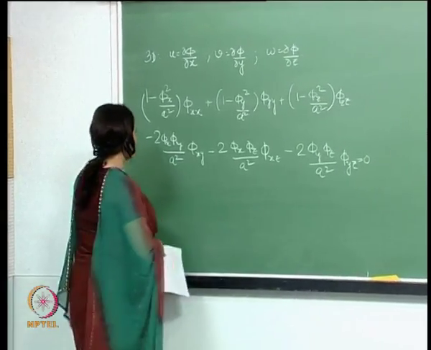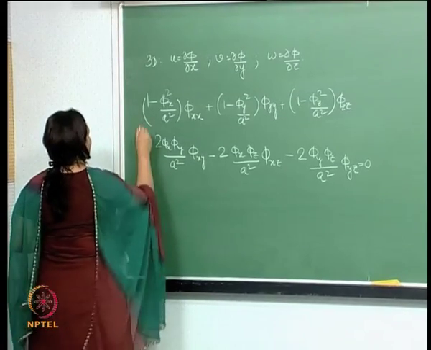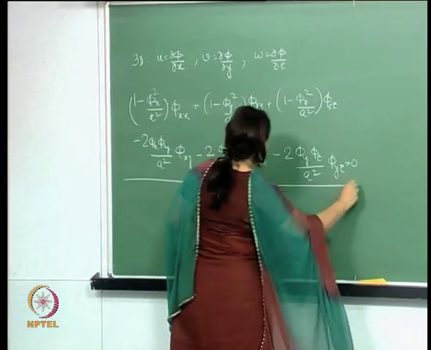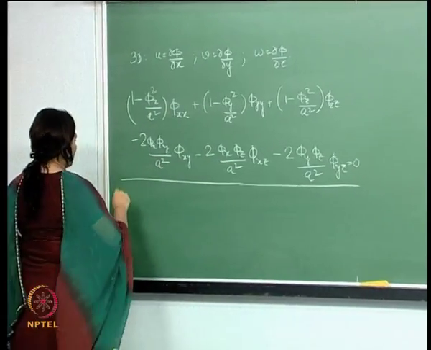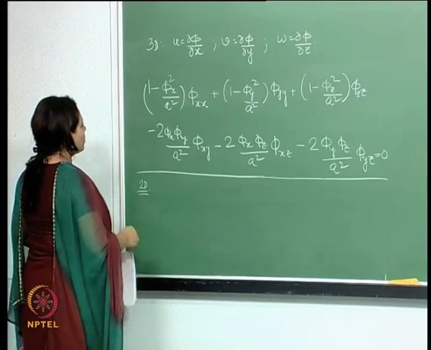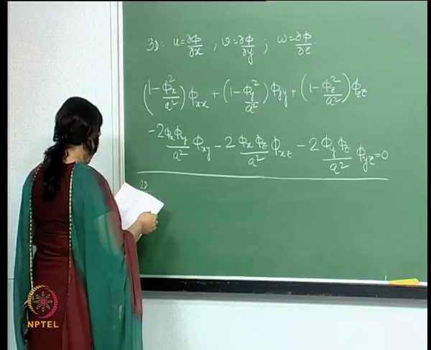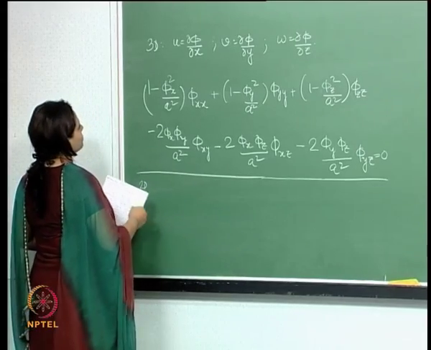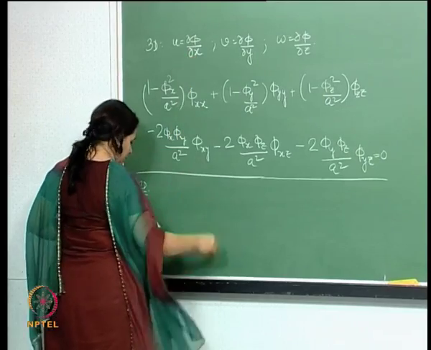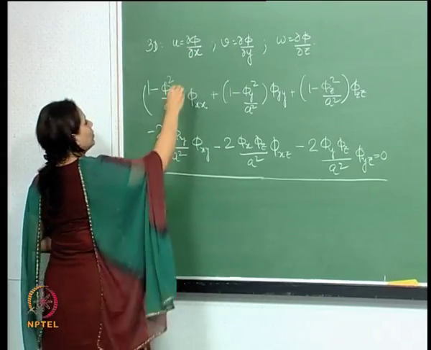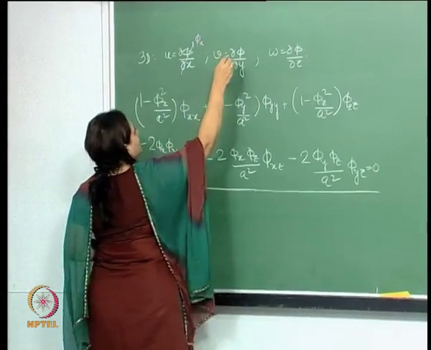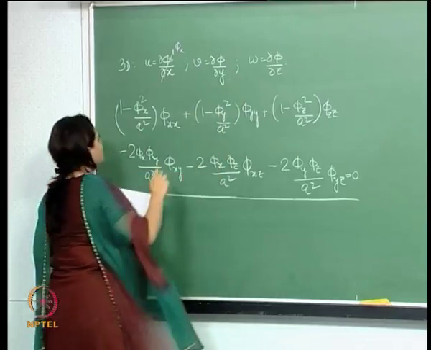So for the 2D case, from the entire 3D equation, I'll leave that here. This phi x is essentially this; I hope you remember that. So this is phi x, phi y and phi z.